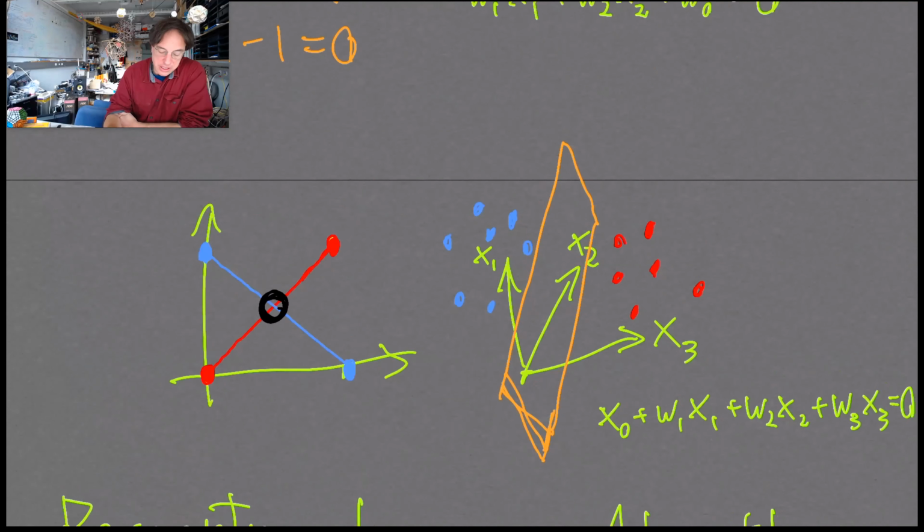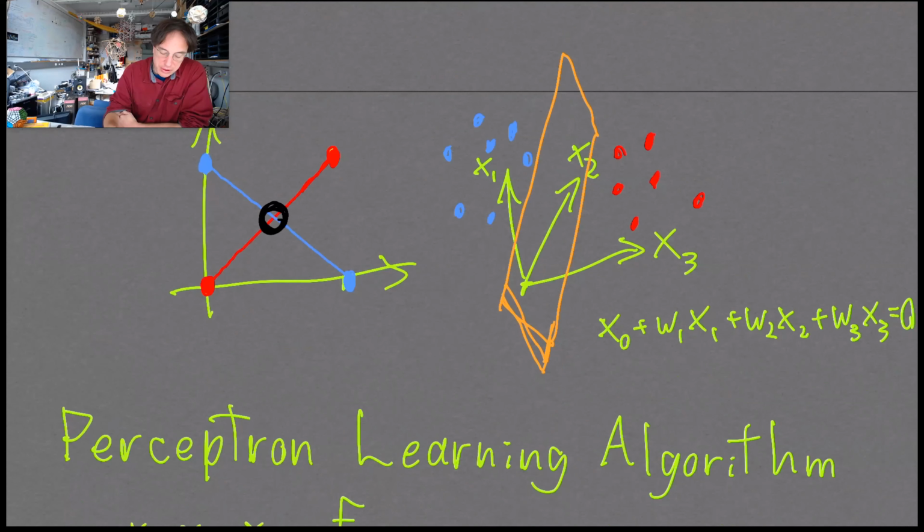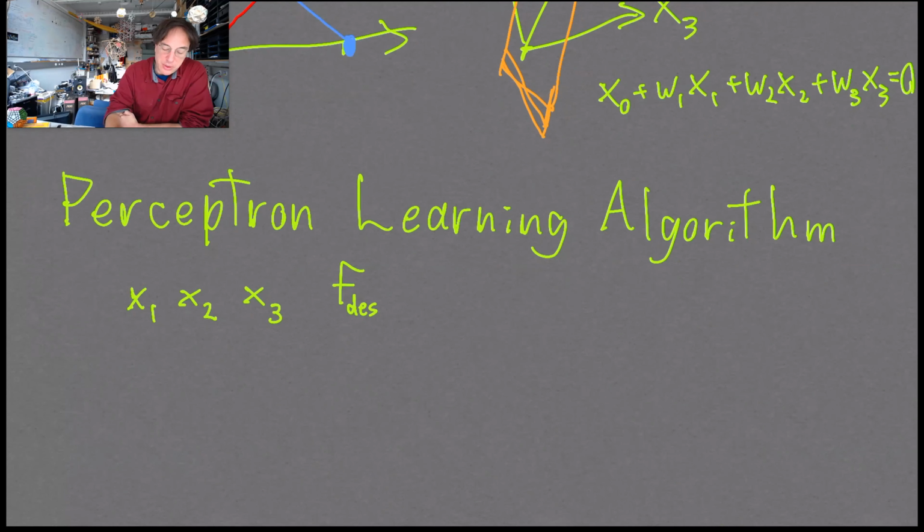Previously, we tried to solve for the weights. But this algorithm doesn't solve for the weights. It starts with some set of weights. You just pick some random weights. They don't have to work at all. We can just start by guessing.